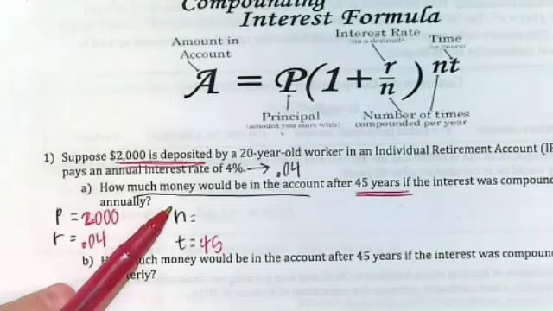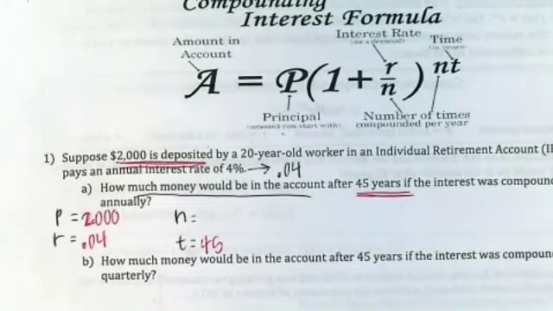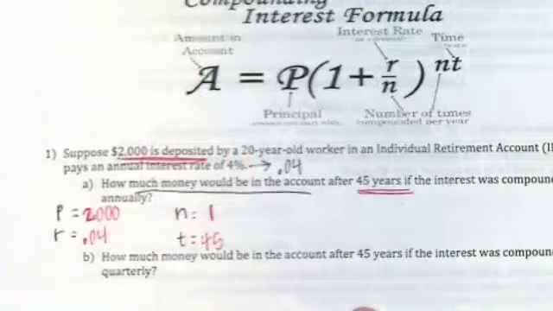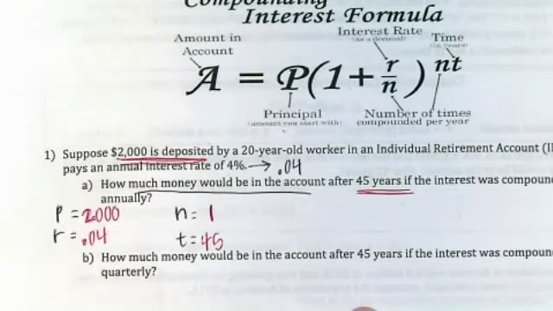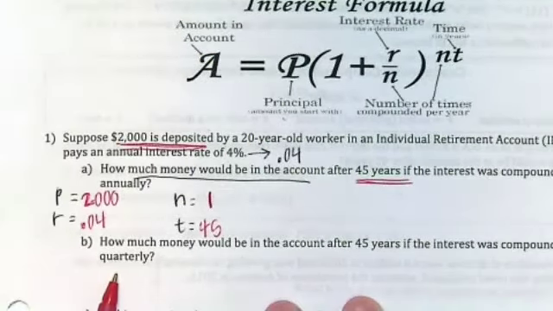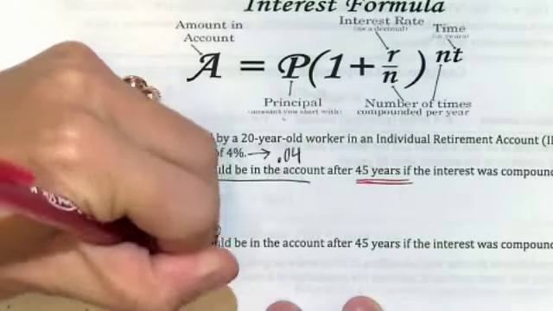N is probably the trickiest thing to identify. N is how many times it is compounded. With this one, it says it is compounded annually. That means it is only compounded once a year. Versus something like quarterly, which would be 4 times a year.